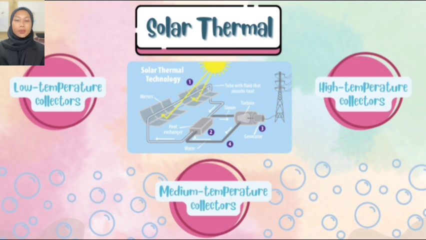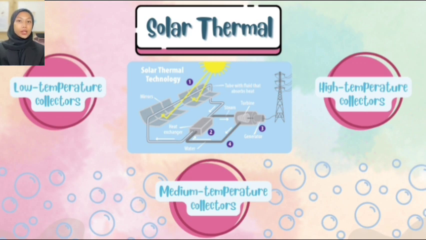Forwarded to the next type of solar energy, which is solar thermal. The solar thermal collectors are classified by the United States Energy Information Administration as low, medium, or high temperature collectors. Let me go through one by one. To start with, the low temperature collectors are flat plates, generally used to heat swimming pools.